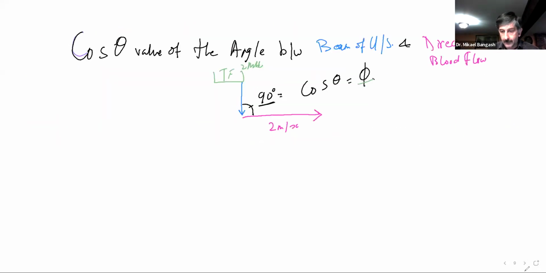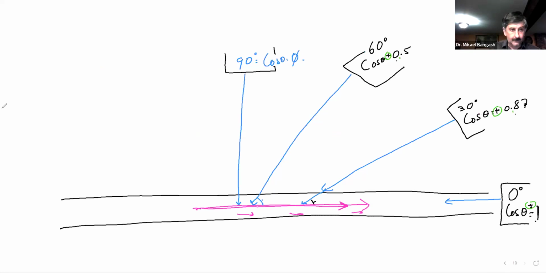Now, on the other hand, when we go on this side here, when you add 30 degrees onto 90, what do you get? This is going to be an angle of 120 degrees.